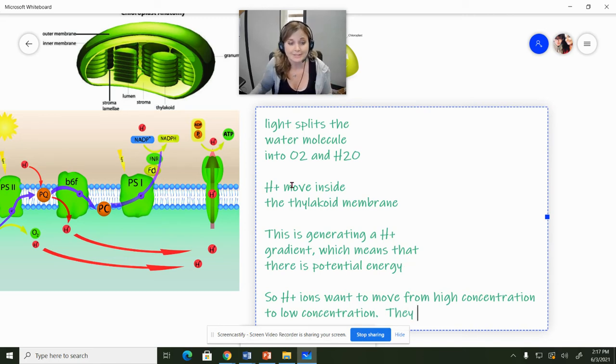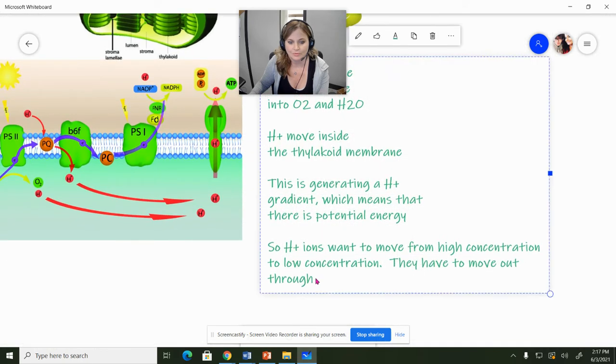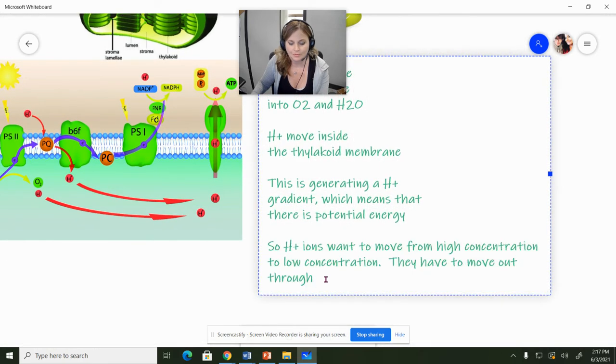The only way out is through this little doorway here, and that is called ATP synthase. So they have to move out through what you could call a protein doorway. I'll put it in quotation marks because it's really not called a protein doorway, but it's maybe a good way of thinking of it.